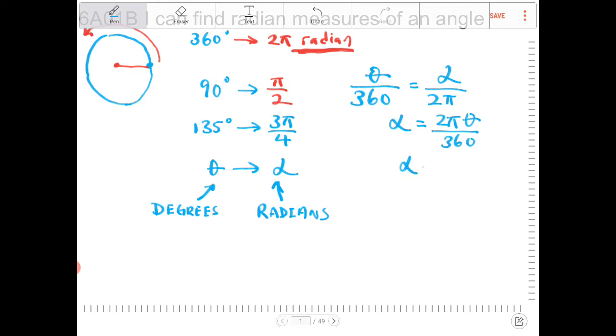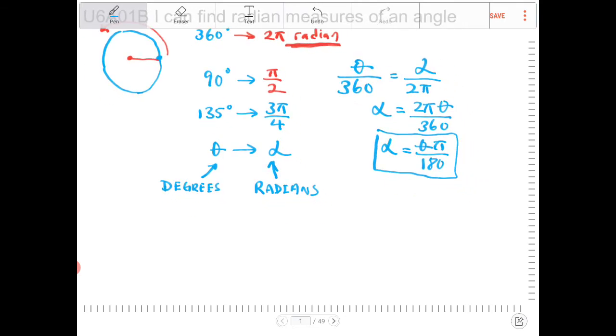Doing a little rearranging, alpha is equal to theta pi over 180. So this is the conversion. If we're going from theta to alpha, we're going to use that formula.